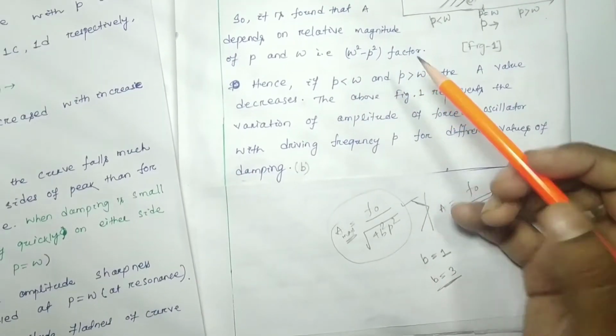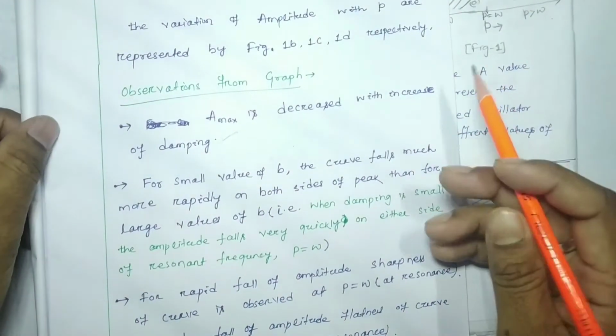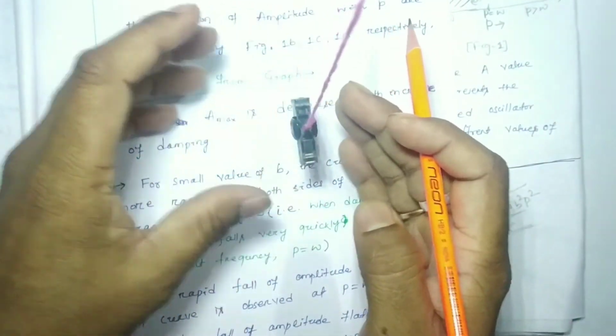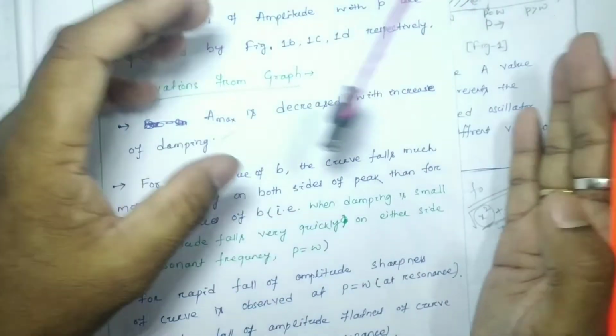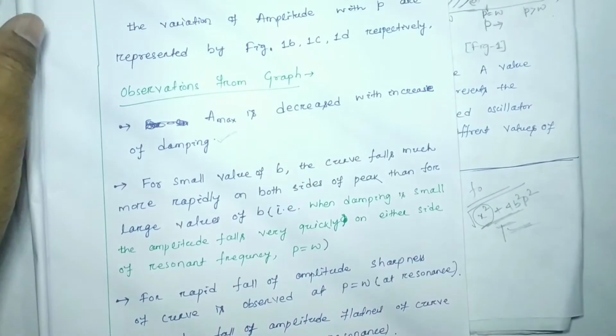And if we think with common sense also, the maximum amplitude in the air medium with the same force will be larger than if the same experiment is done in the water medium. The amplitude will be lesser. This is the one point we found.